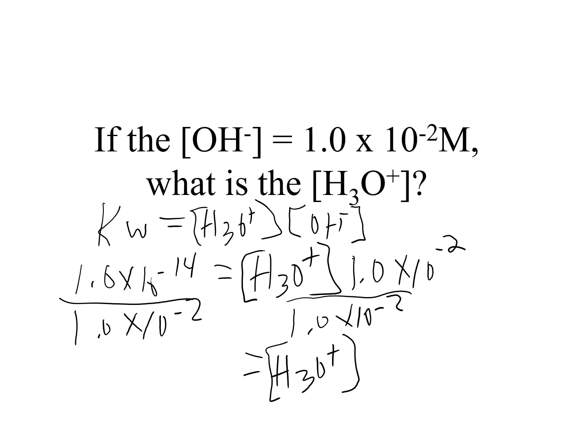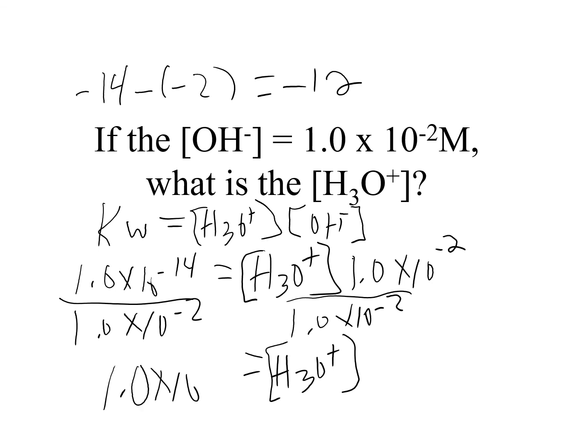So in this case, we can do our subtraction. Negative 14 minus a negative 2 gives me negative 12. So my hydronium ion concentration is 1 times 10 to the negative 12. And then again, I may ask you a question: is this solution an acid or a base? And it's based on, do I have more hydronium ions?